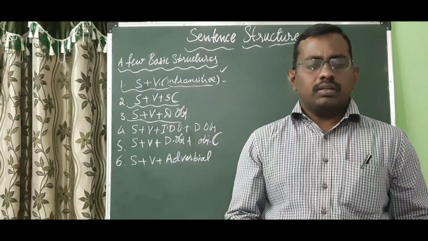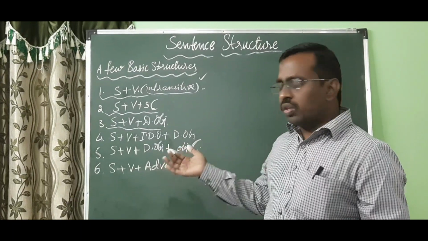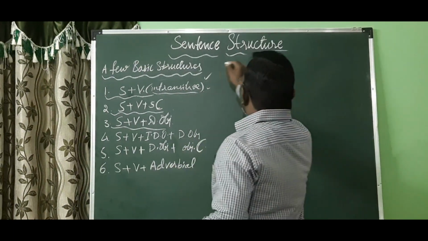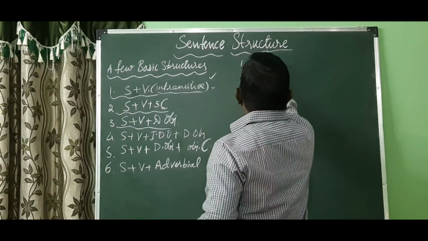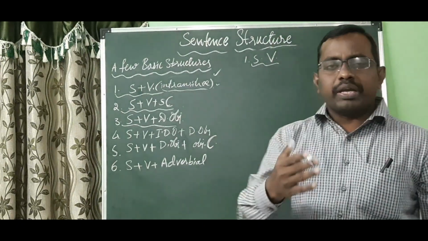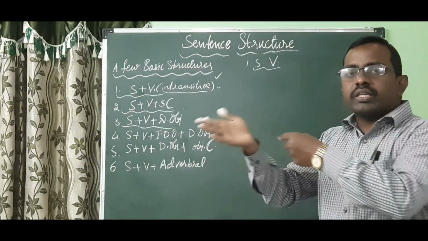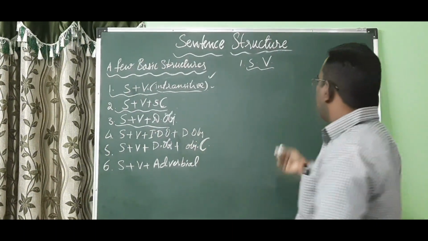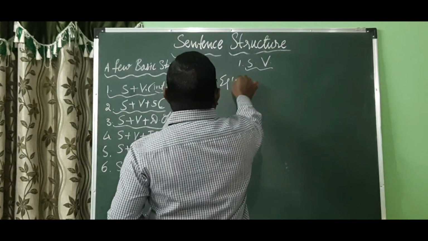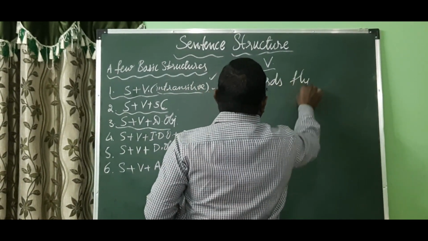Let us come back. So let us take a few examples of all these structures. The first one, subject and verb. Here, subject is followed by an intransitive verb, so it gives a complete idea without any other word. Let us see a few examples. Birds fly.